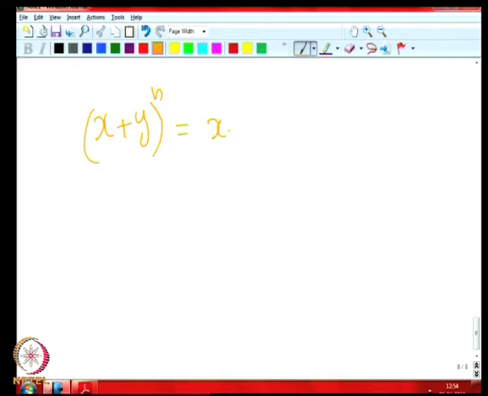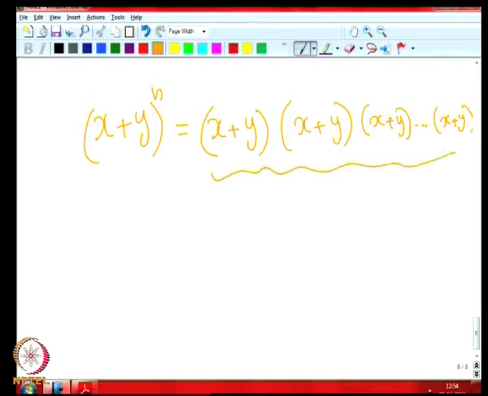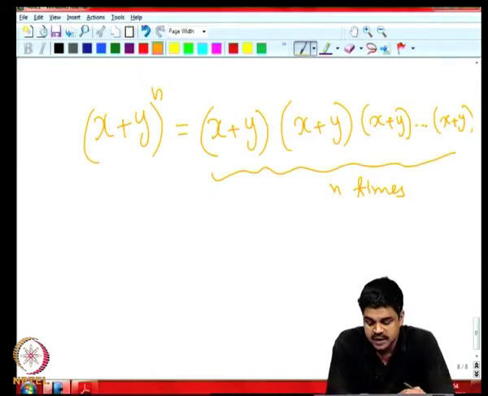That is x plus y into x plus y into x plus y, like that, n times. Now we want to expand this. What kinds of terms will come?